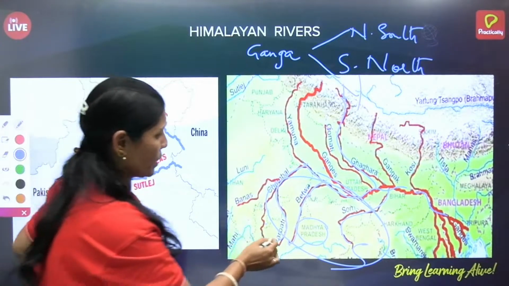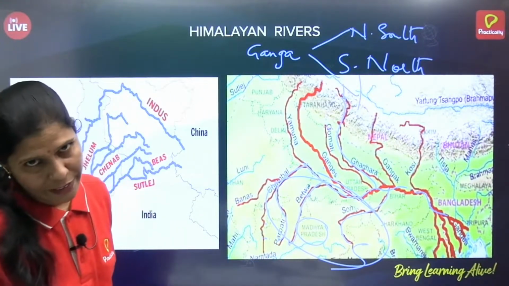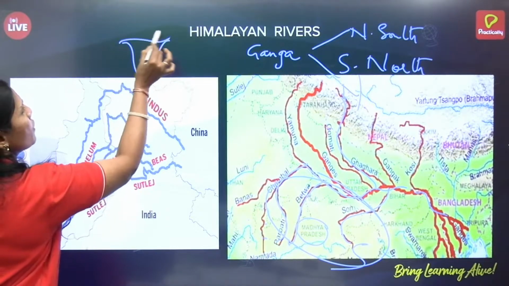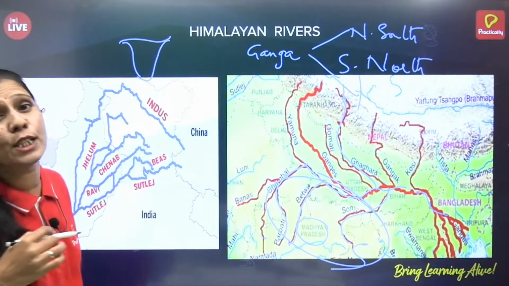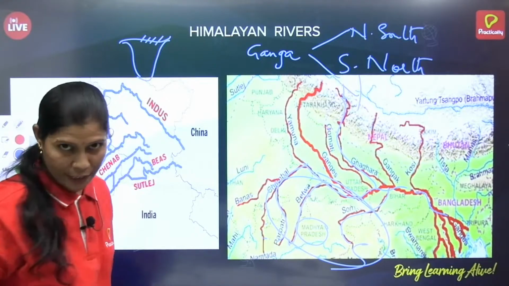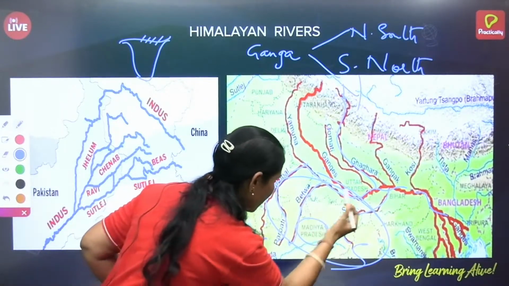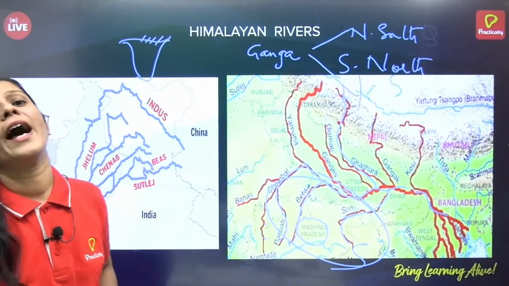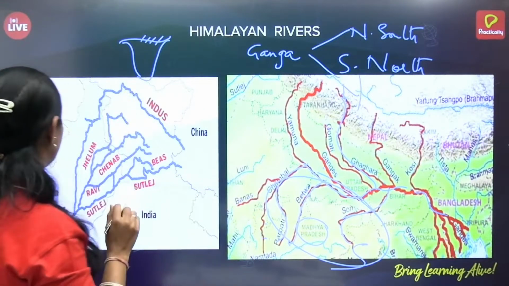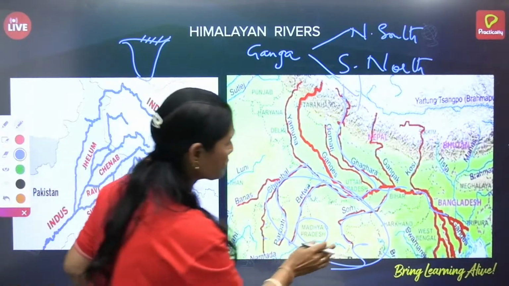Why these rivers flow towards the north is because the plateau region has a slight slope towards the north direction. So these rivers are flowing towards the north and merging with river Ganga.